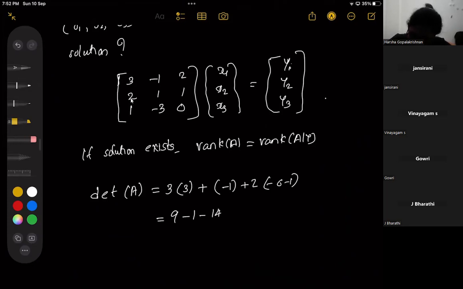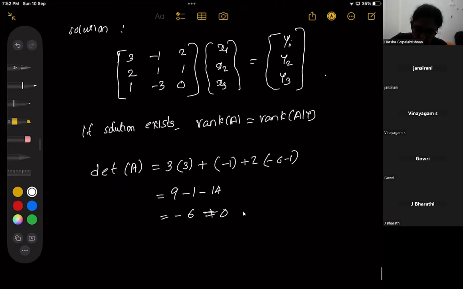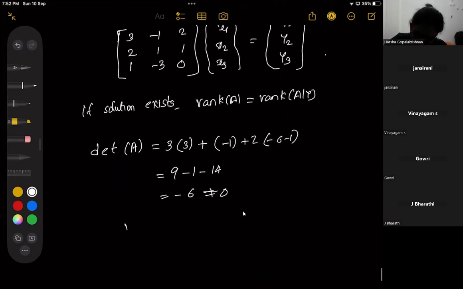Is this fine? We have found the determinant of A and we are getting it is non-zero. So what is the rank of A? Yes, rank of A will be 3.